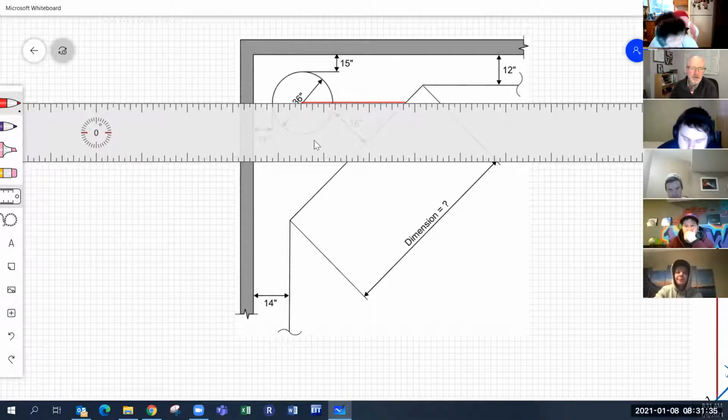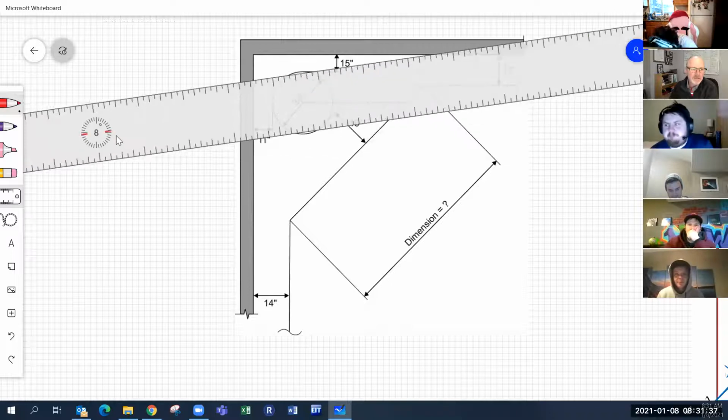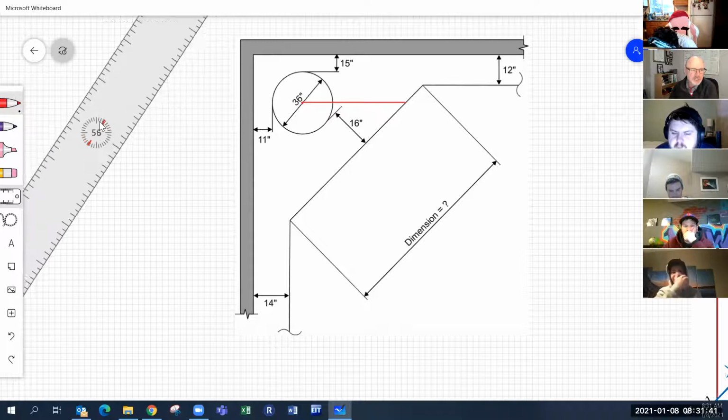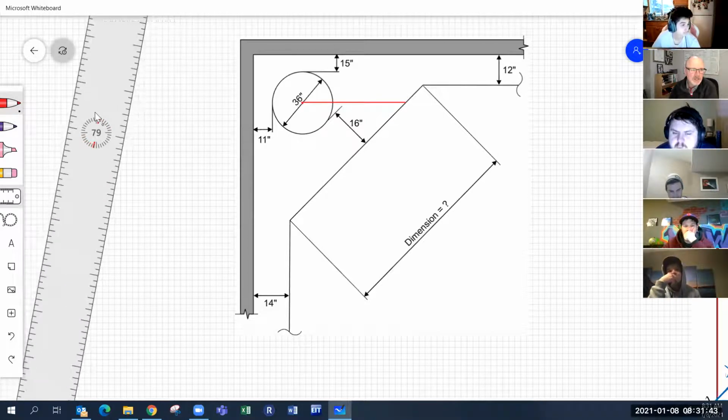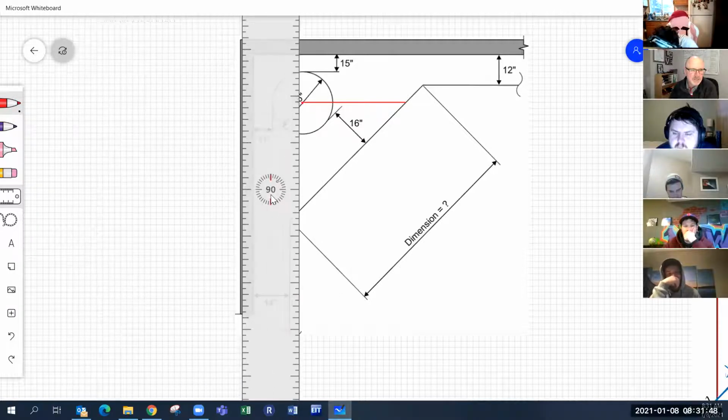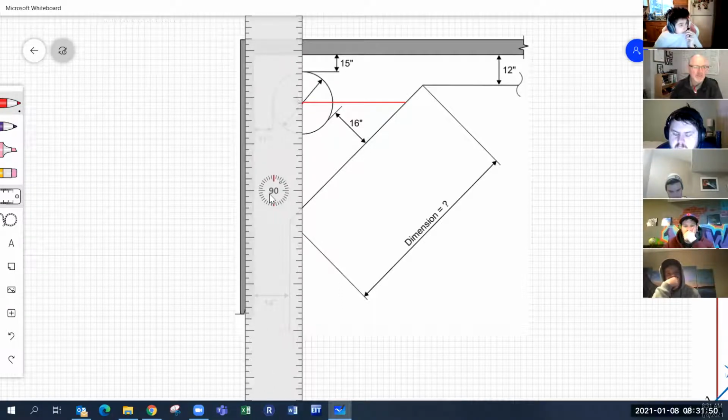So this is when we don't have a measurement from the corner. I'm going to first start from the center of the object and draw lines parallel to the walls from the center of the object. Let me just put this line in here.